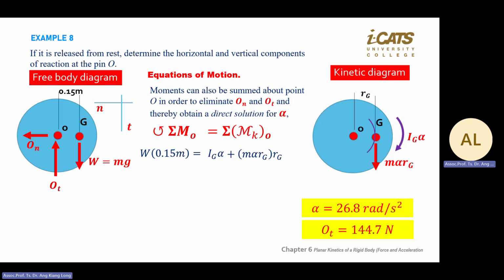Okay, so on the right hand side, the sum of moments at O refers to the kinetic diagram. So here you put on a 0. You have this one plus this one: the moment of MA in the tangent direction, plus the gyration effect, IG alpha.